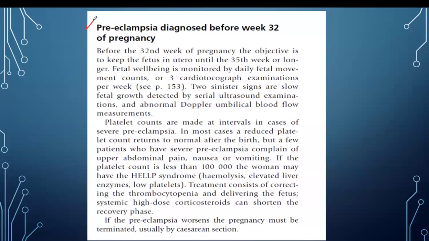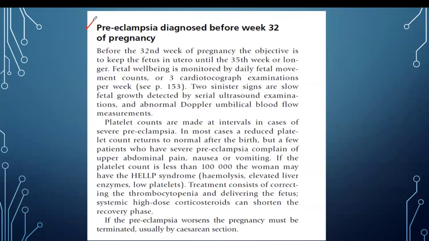Now, preeclampsia diagnosed before 32 weeks of pregnancy. Sometimes according to the week of pregnancy, the management might be different.